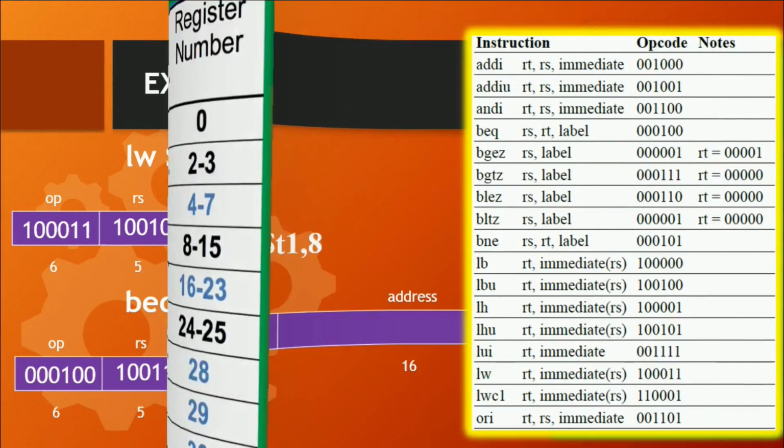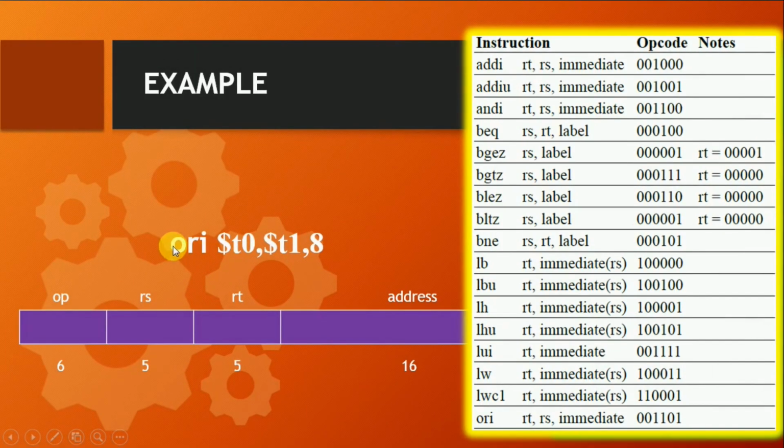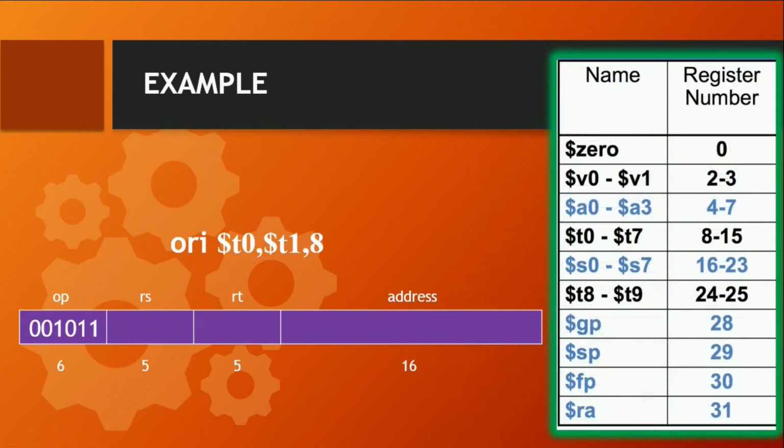We have to see one more example, or immediate. The opcode value is 8 plus 4 plus 1, it is 13. So 13 is my opcode value for or immediate. I have to represent 13 in the opcode field. My RS is T1 and RT is T0.